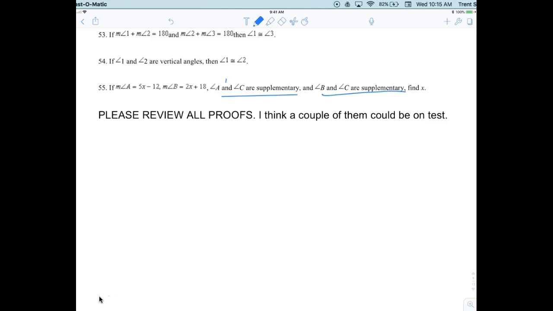So what do you think that means about A and B? That's good, right? Does everybody see how that's true, right? They have to be equal.